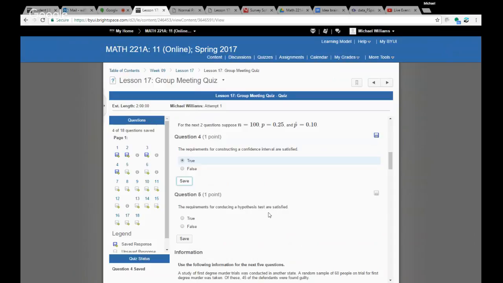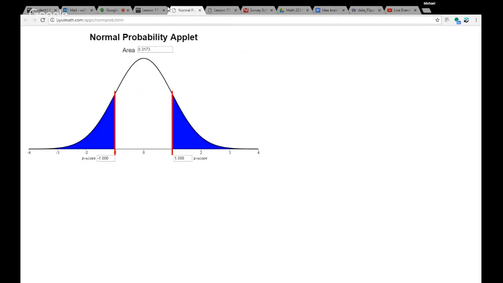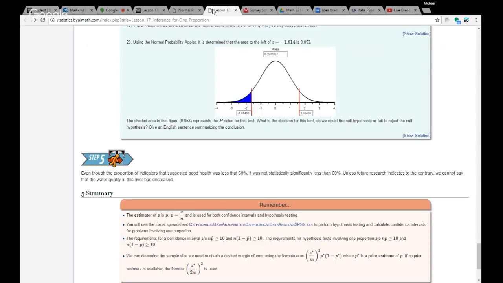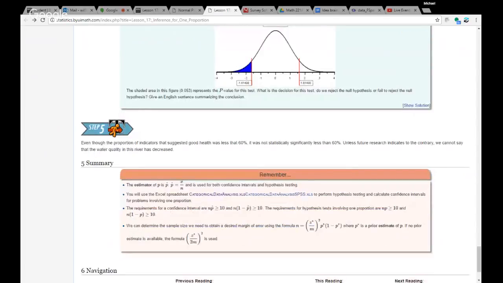Requirements for conducting hypotheses. Hang on, let's make sure I didn't confuse these. Yeah, that's what I just said. Wait, because now the next question, a confidence interval. Okay, for a confidence interval, yes, it is the formula we just used. So for a hypothesis test, it's the same.